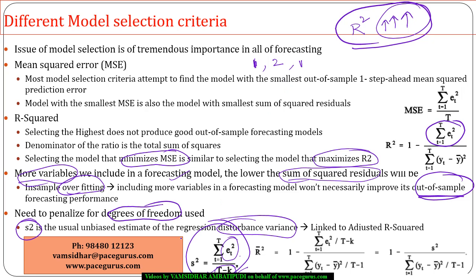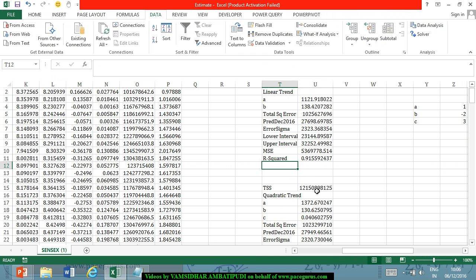In that case I could also find out S squared, and using S squared I can very well estimate which model is better and which model is worse. If I look at S squared here, it's nothing but the total squared error that I have got, divided by T minus K. K is 1 here, T is 191. So here the S squared is working out to almost 5 million, 5.39 million.